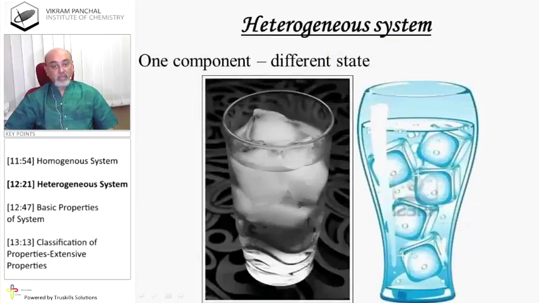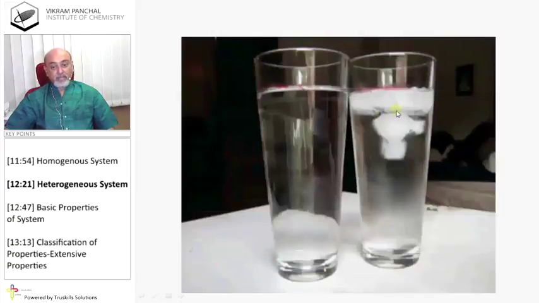Heterogeneous system. There is only one component, but different states. For example, a glass of water which contains a few cubes of ice. Then it is called a heterogeneous system. Because ice is H2O, water is H2O, one component but different states, so it is called heterogeneous system.